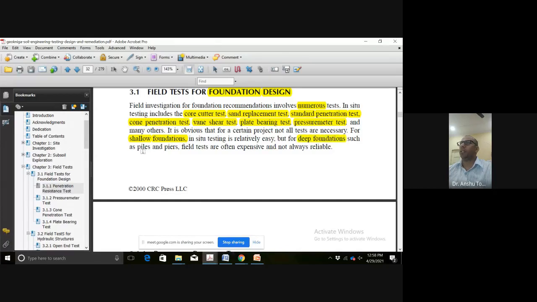For deep foundations, such as piles and piers, field tests are often expensive and not reliable, because we take the sample from down beneath, let us say 10 meters deep from the earth surface. By the time that sample reaches the surface, it is already a disintegrated sample. So we have to keep in mind that if you are extracting the sample with a core cutter, the sample should not disintegrate.